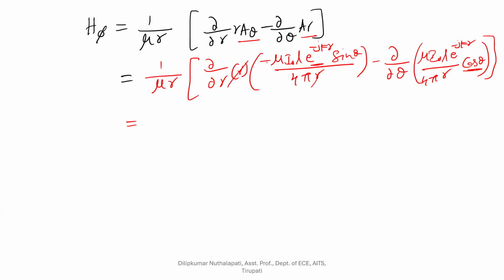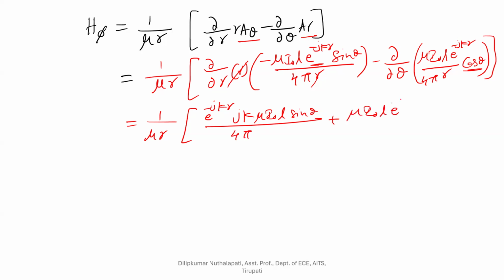That minus jk will reflect this sign as plus. Then rearranging the terms in one or two steps, we can proceed. Then 1 by mu r into e power minus jkr into jk mu I naught L sine theta divided by 4 pi plus mu I naught L e power minus jkr into sine theta divided by 4 pi r.